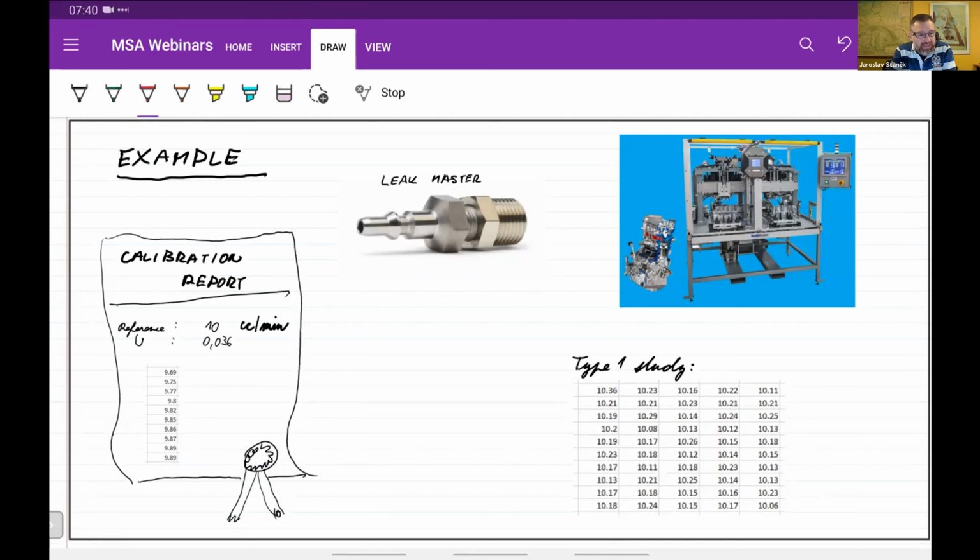So we pressurize the object with the helium, and then we don't measure the flow, but we detect the presence of the gas, of the helium. It's called a sniffing test. There is a probe with which we sniff around that object and detect the particles of helium.